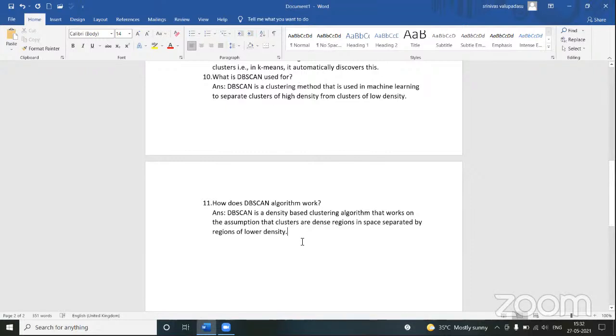And we can mention that it groups densely grouped data points into a single cluster. So in this way DBSCAN will work.